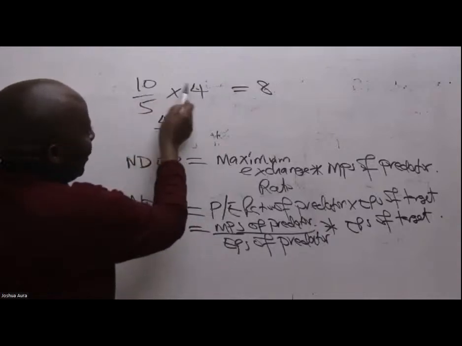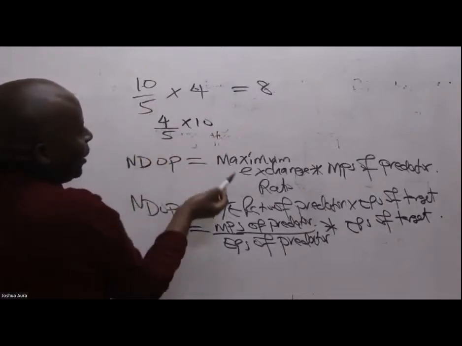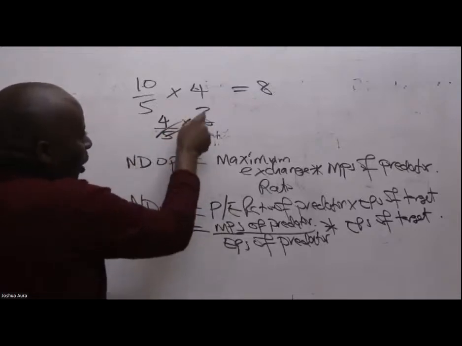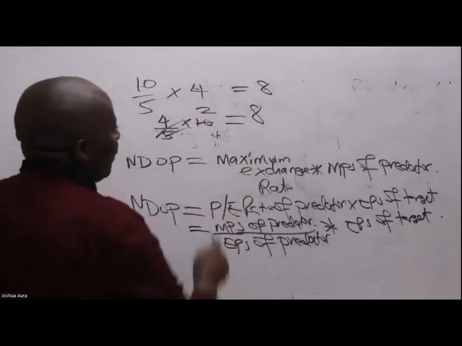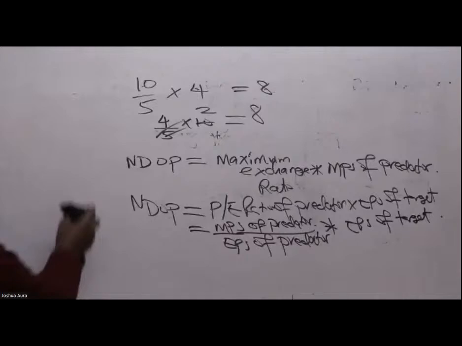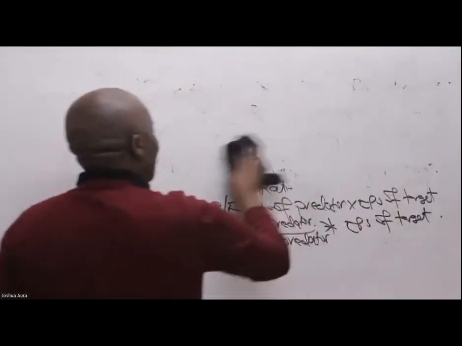I'm just swapping the numbers. This is still okay because in multiplication I still get 8. This is very correct in terms of algebra.